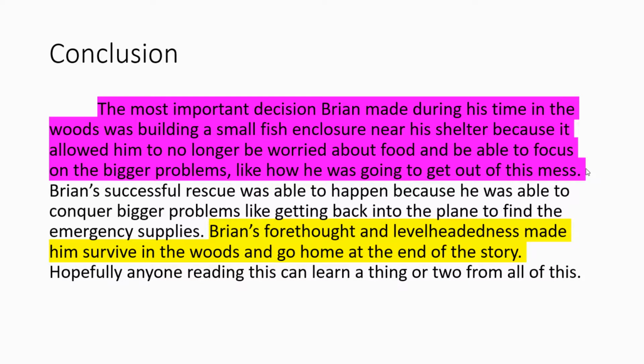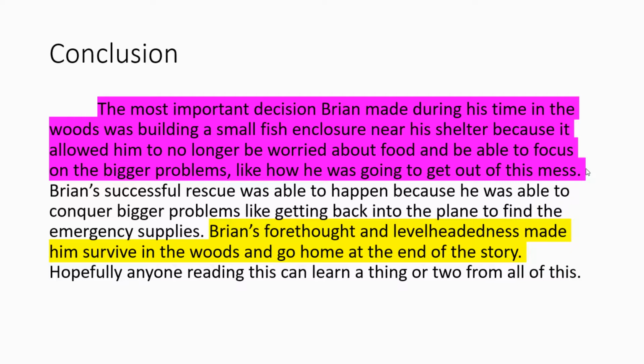The most important decision Brian made during his time in the woods was building a small fish enclosure near his shelter, because it allowed him to no longer be worried about food and be able to focus on the bigger problems, like how he was going to get out of this mess. Brian's successful rescue. So now I'm jumping to the end of the story, actually, because chronologically it kind of makes sense. I don't need to talk about how Brian was missing or was gone or was unsafe in the woods, because that's done already.